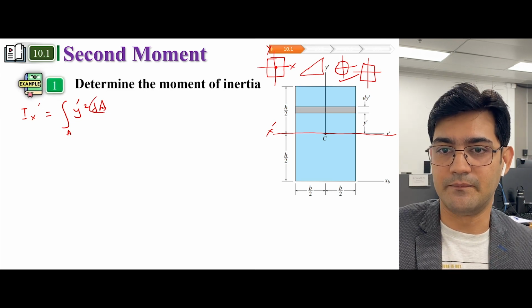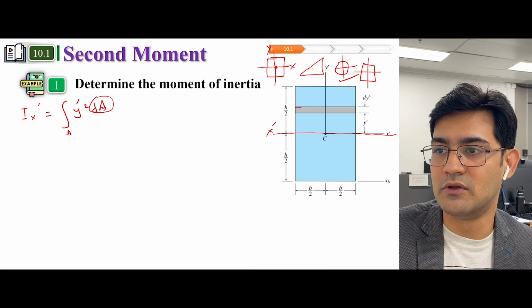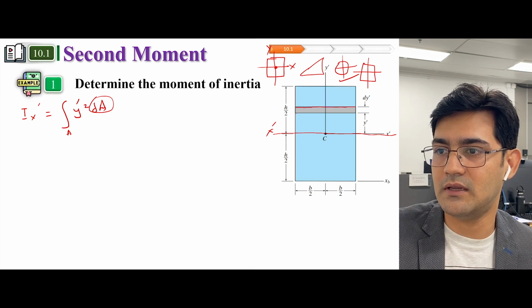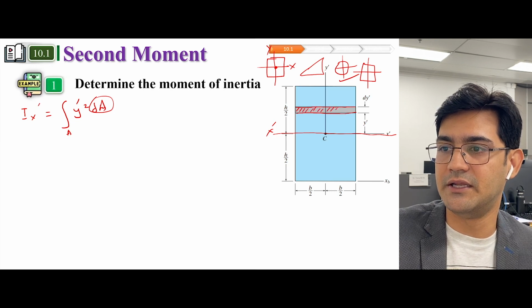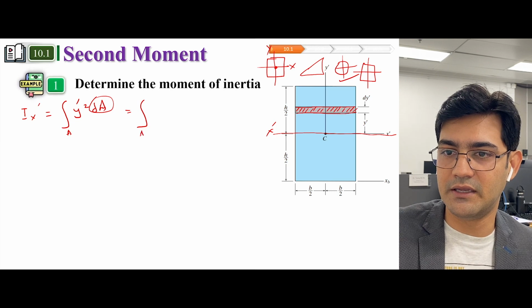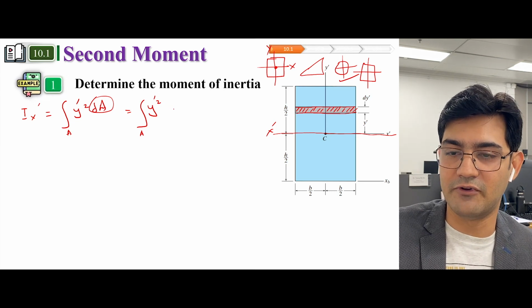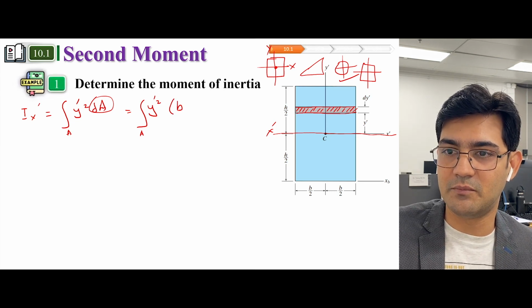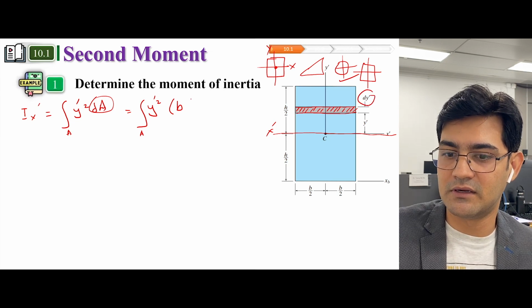So what is dA? dA is a part of that complete area. Let's say this is the dA. dA is length into width. We have width b, and the length is dy.